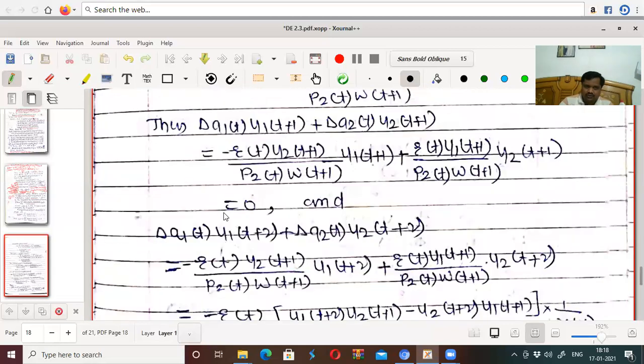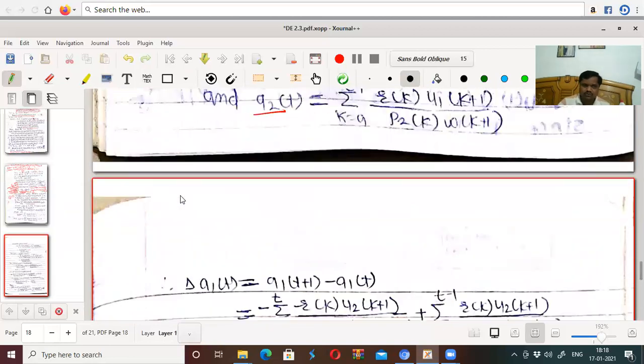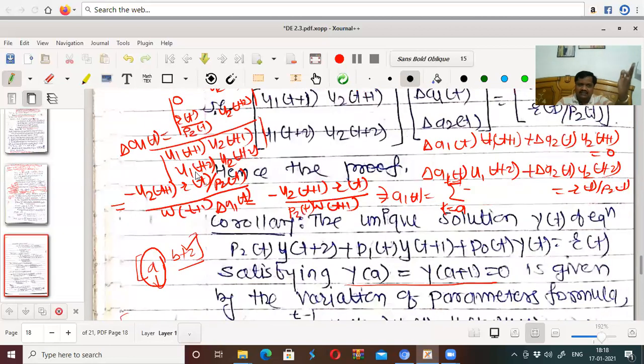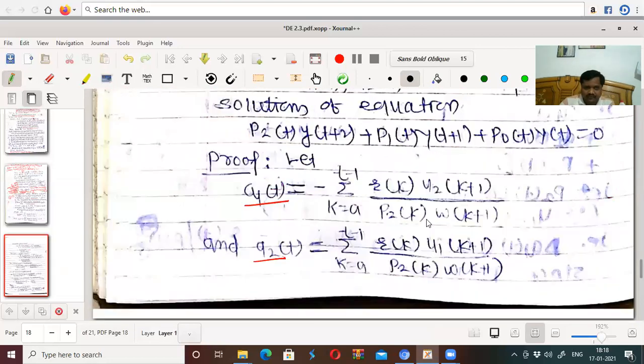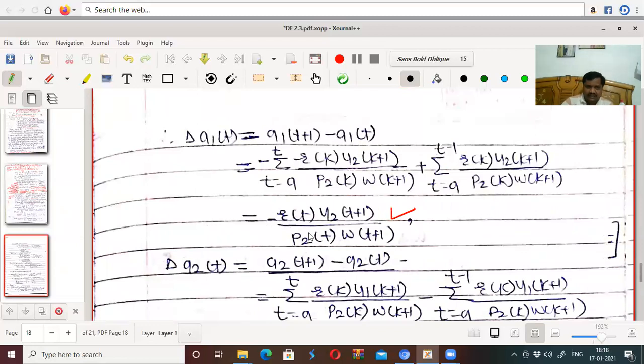Even we don't need to verify these two conditions, because directly from that theorem we get this one, a1t we get, a2t we get. Okay, so by taking a1t and a2t, you can directly say that as delta a1t is this one, no doubt, therefore this implies a1t equal to this term, right?